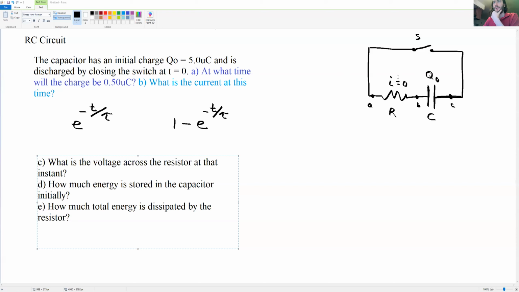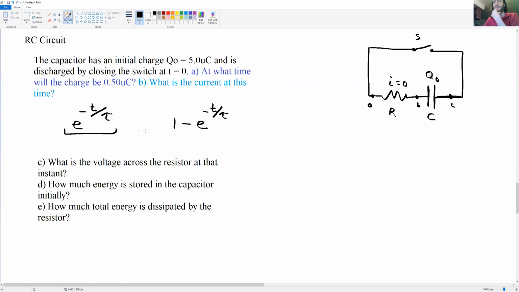So you have to remember how to solve for t. Write down the function for the charge. It's a discharging capacitor, right? So which one of these two functions here is going to be the characteristic of the charge on the capacitor?